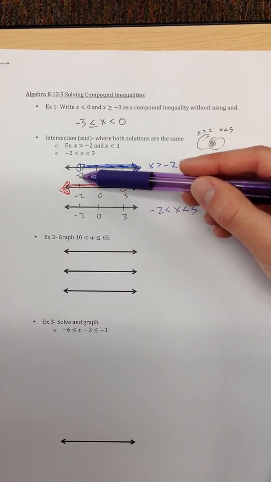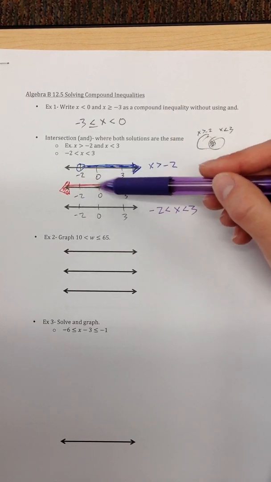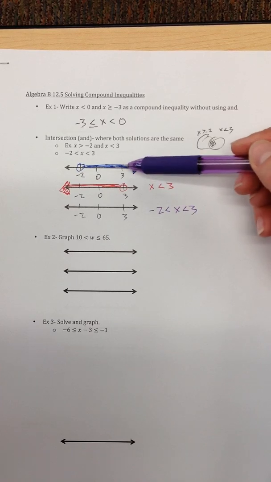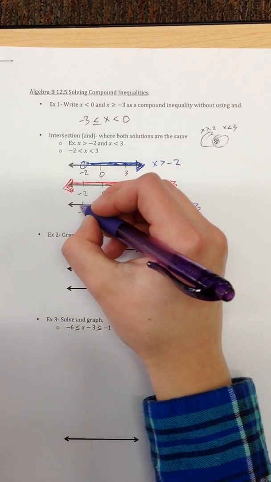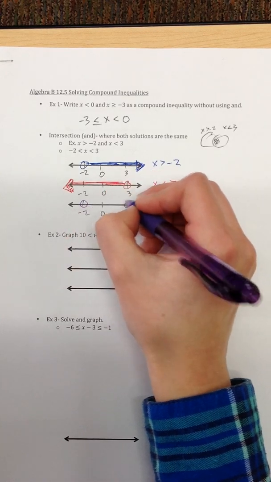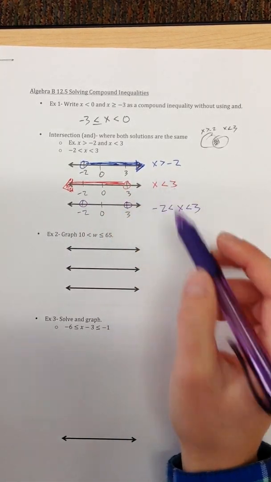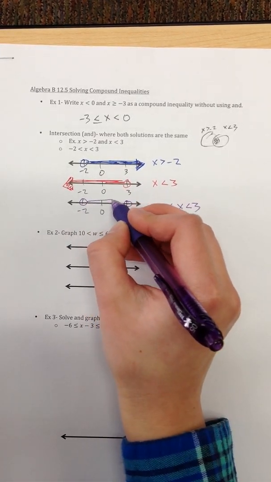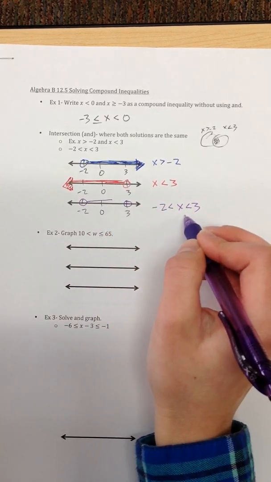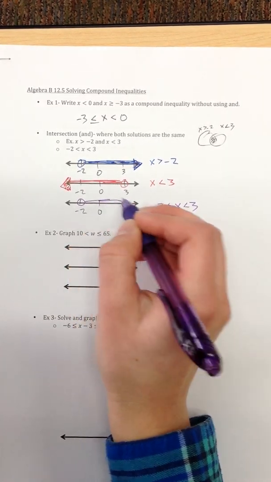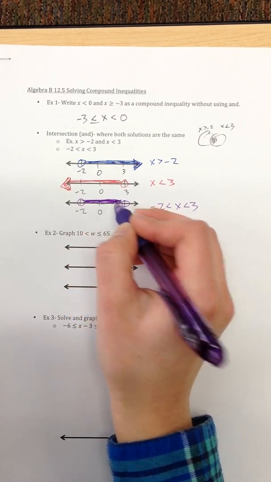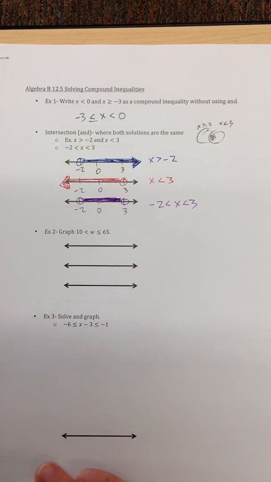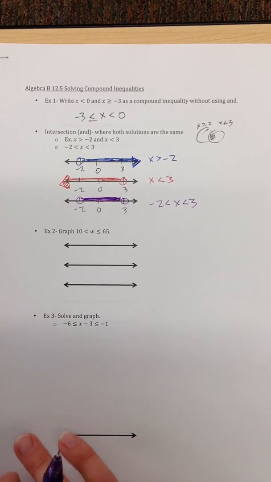Like here, if I follow down, it's both blue and red in between negative 2 and 3. So I have open circles for both of those still. I want numbers that are bigger than negative 2, so I'm going this way, and then numbers that are less than 3, so going that way. The spot that both of them are is what I shade. So it's just a chunk of line in the middle that would be the intersection of those two.